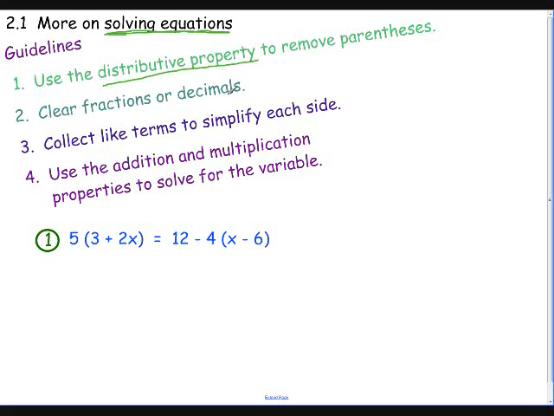Clear fractions or decimals, we're practicing that. Collect like terms so we can simplify each side, and then use the addition and multiplication properties of equality to solve for the variable.